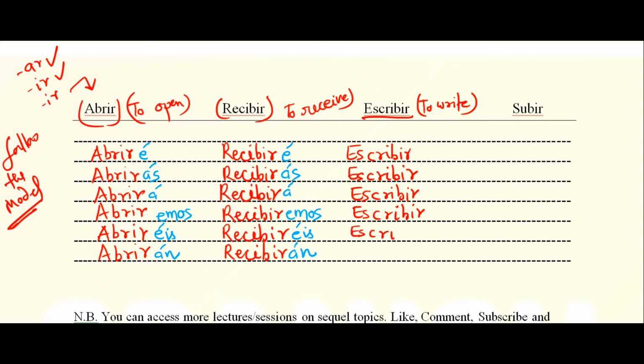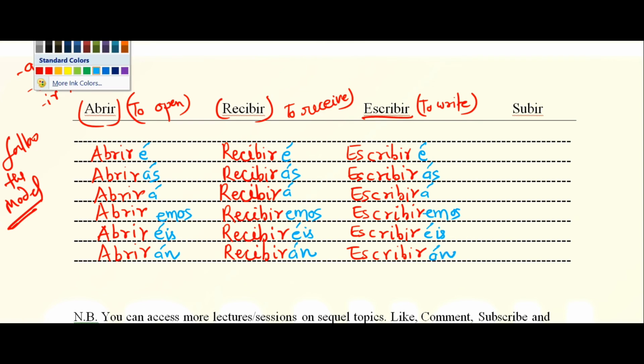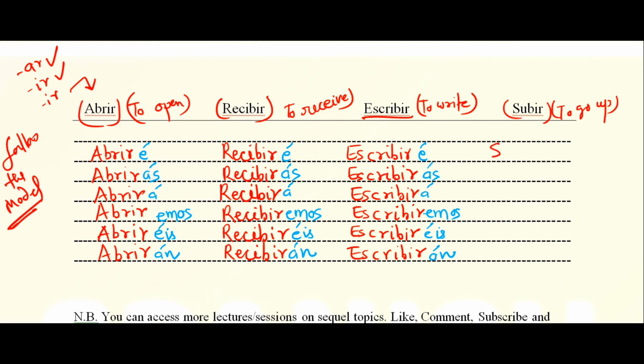Escribir, escribir. Now suffix for all. A, as, a, emos, eis, an. Yes, last verb is subir. IR ending verb. It means to go up or climb.